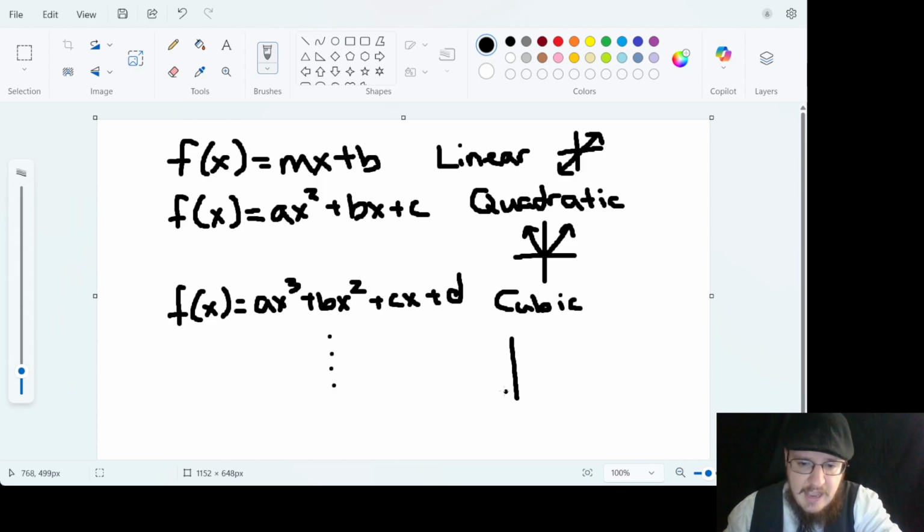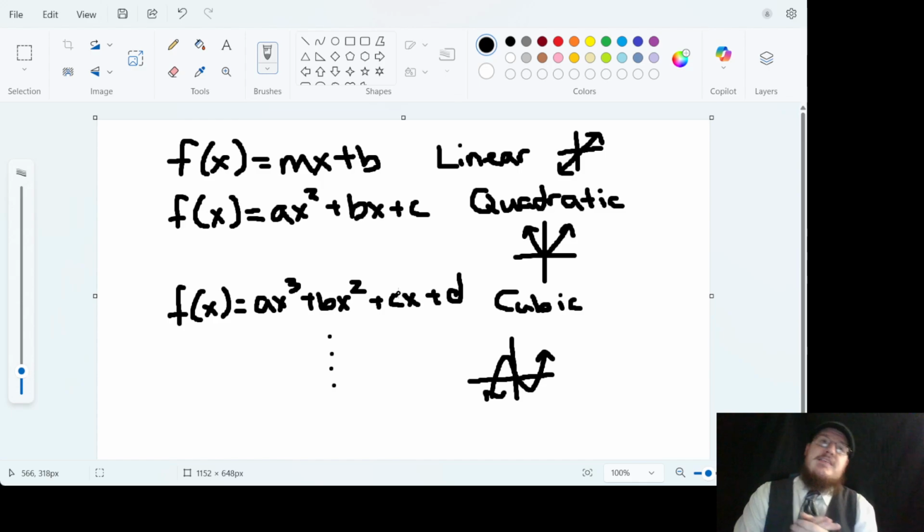And essentially a cubic looks like an N-shaped graph, because there's so much going on with all of these here. Essentially, when you get to the negatives and stuff, it starts throwing the values all over the place, and then going further out on the positive side too. So we've got these different tiers of powers.